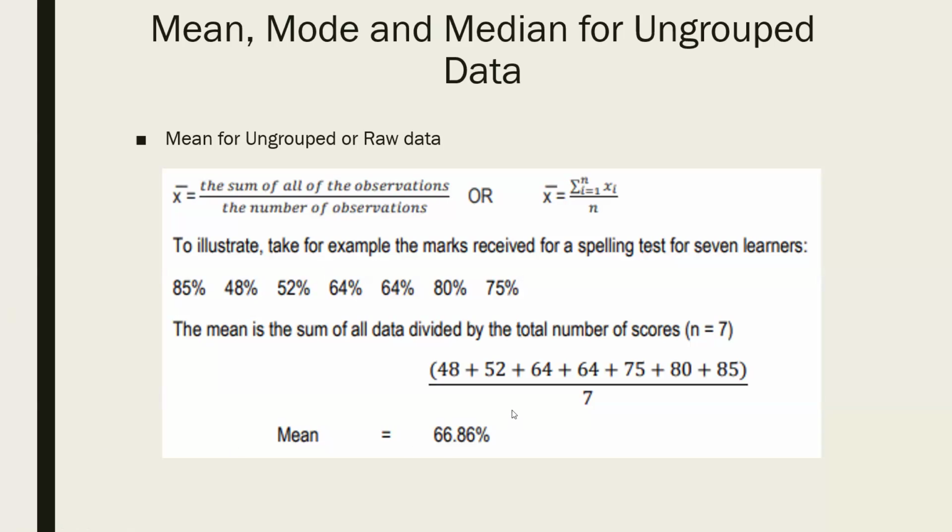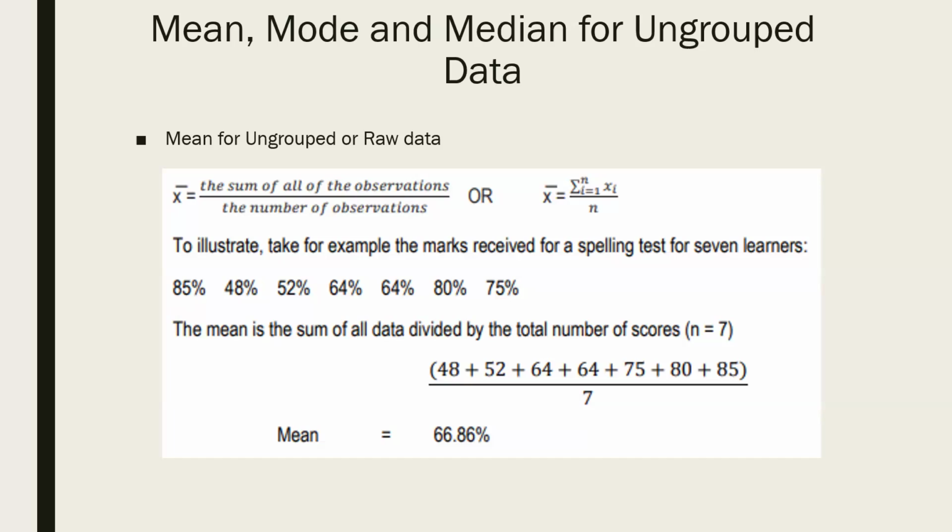All right, so let me proceed. Now let's look at mean, mode, and median for ungrouped data. When you are calculating your mean, mode, or median, the formulas differ based on whether the data is grouped or ungrouped. You will see when we proceed. That's the reason why I wanted to separate those two types of data.